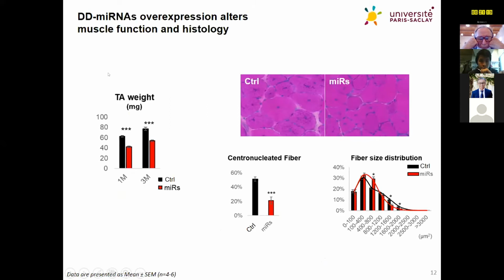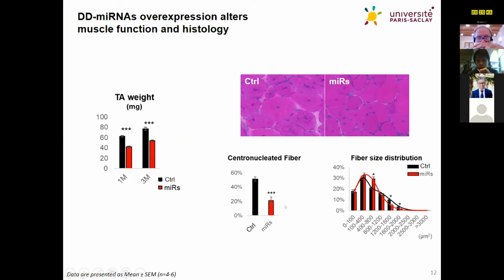So you can see that the weight of the muscle is reduced dramatically. One third of the muscle weight was gone, either at 1 month after injection or 3 months after injection. At the histology level, remember that we put in the AAV vector with the GFP transgene as a selective marker, and we injected intramuscularly, so it gives a lot of central nucleation in the control group.